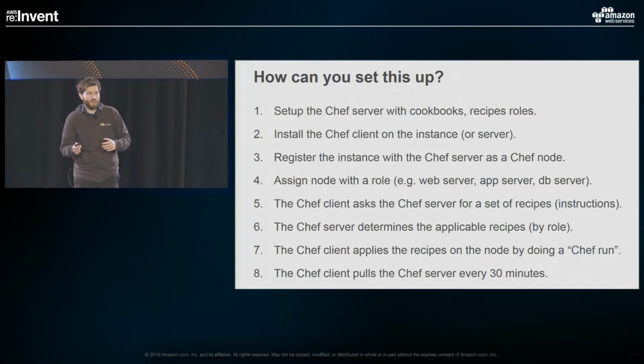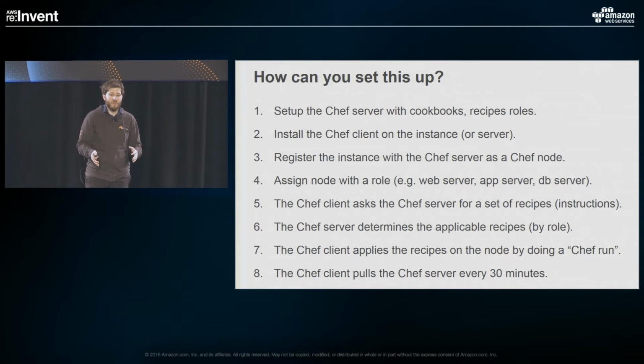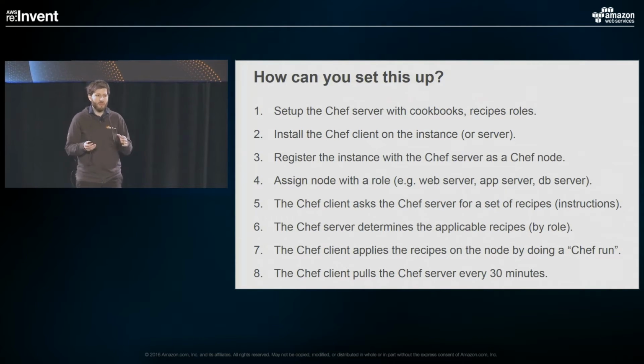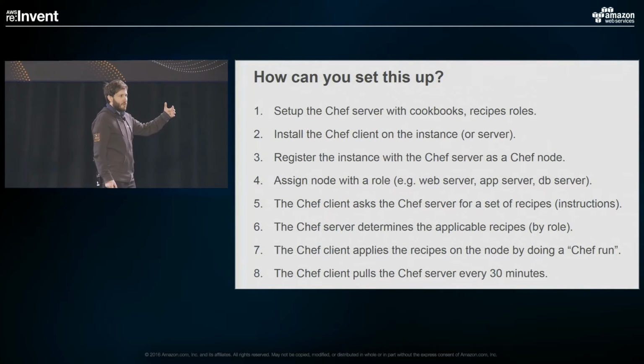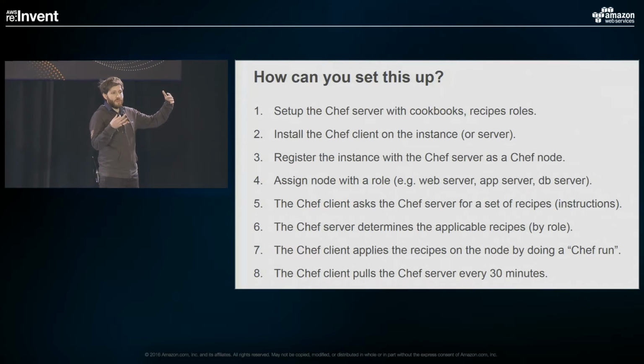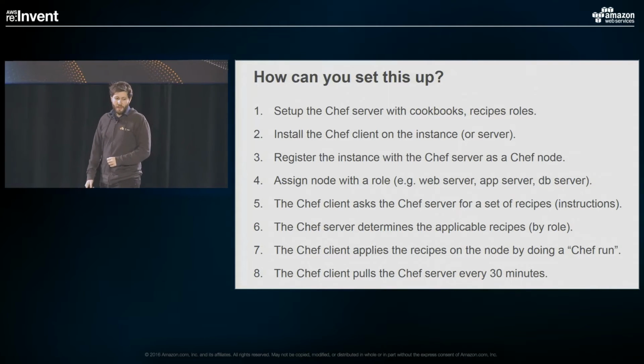Now, roles define what sort of function or purpose a certain instance or server is supposed to do. And I'm going to use those roles and attach recipes to them. So if I define a web server role and attach 3 different recipes to them, an instance that runs these recipes will eventually become a web server, as you'll see in just a little bit.